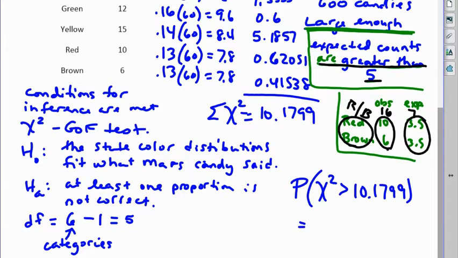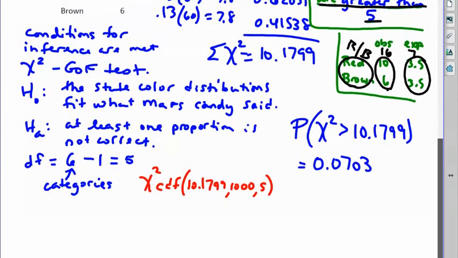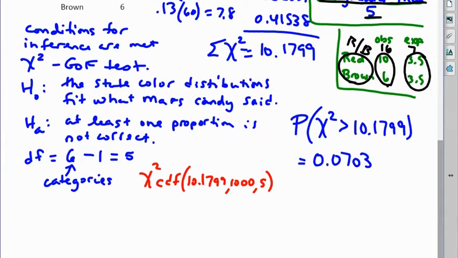I would have punched in a chi-squared CDF: 10.1799, comma 1,000, comma 5. And when I do that, I get 0.0703. So that is not enough evidence to reject the null.